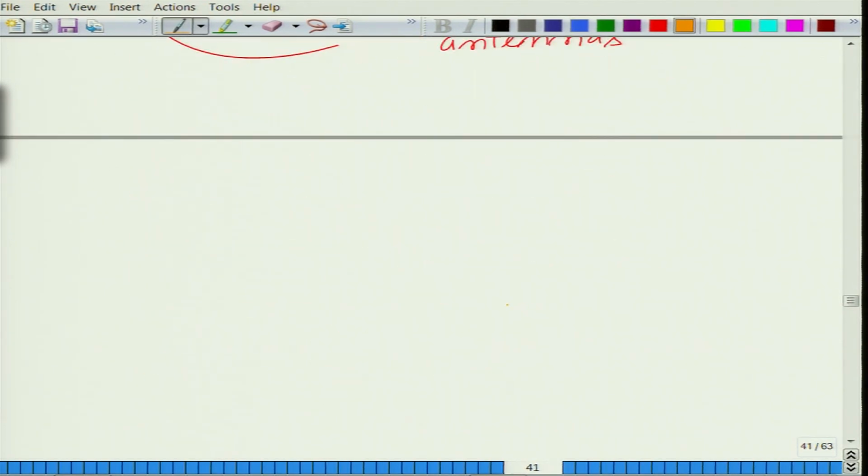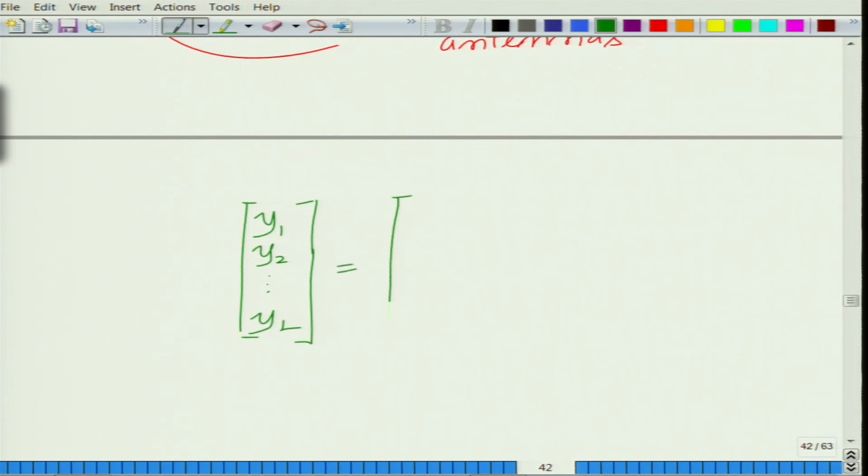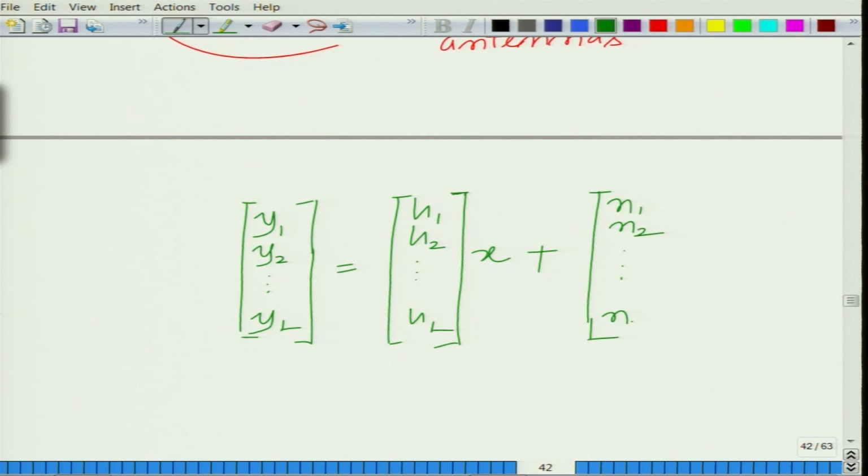So, essentially the vector model will be [y1, y2, ..., yL] equals [h1, h2, ..., hL] times x plus [n1, n2, ..., nL].